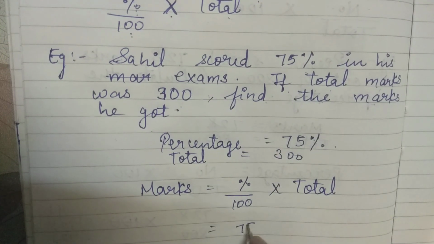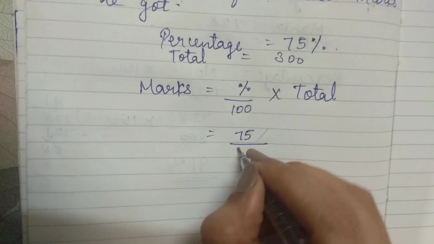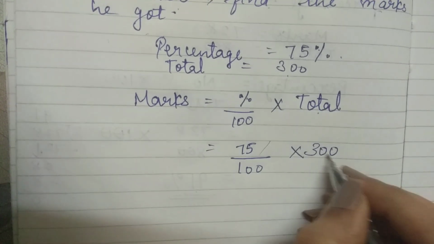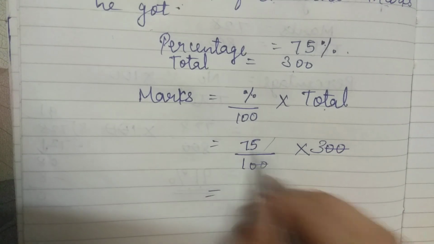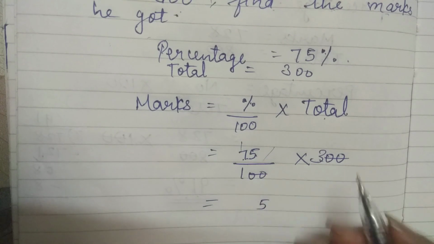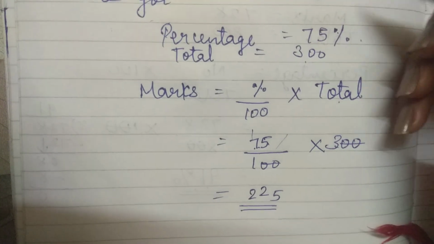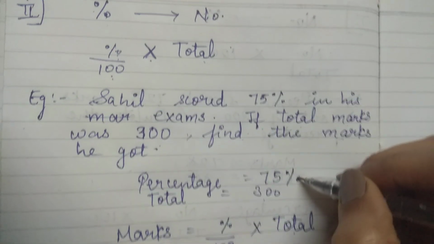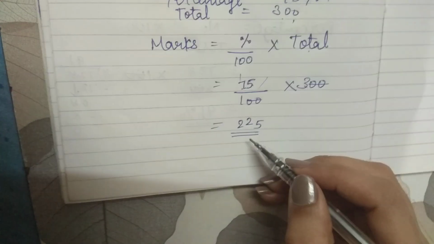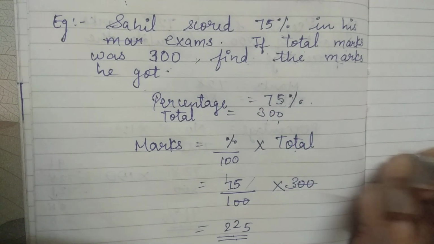It is 75. Now no need to write percent again, only 75 upon 100 into what is the total marks? 300. 0, 0, cut. 75 into 3. 3 5s are 15. 3 7s are 21, plus 1, 22. 225. Means out of 100, Sahil got 75 and out of 300 he got 225. So when we will convert 225 in percentage, it will be 75.